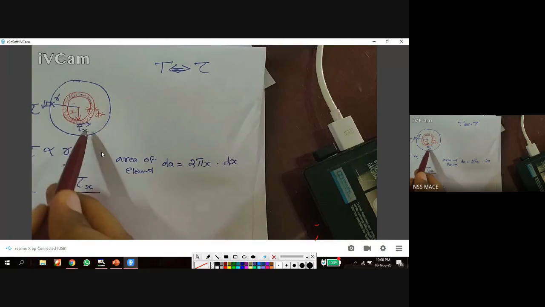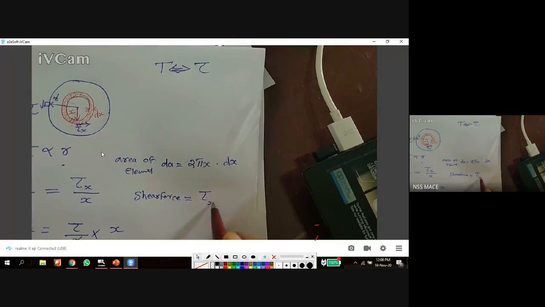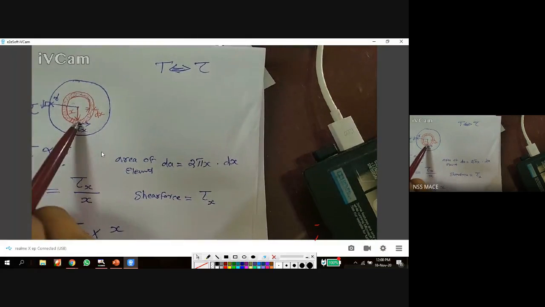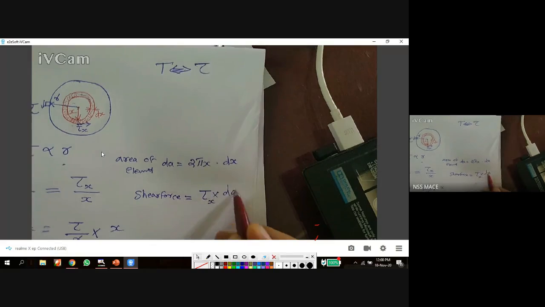We got the area, and the value of the shear stress acting on that area, tau x. What is the value of shear force? We are going to calculate the shear force acting on this area. Shear force is equal to shear stress into area, so that is tau x into dA.